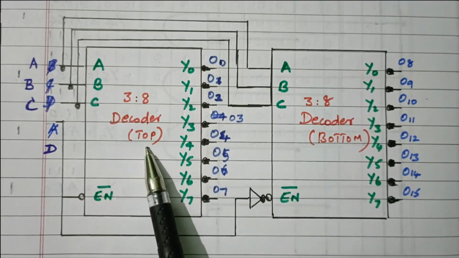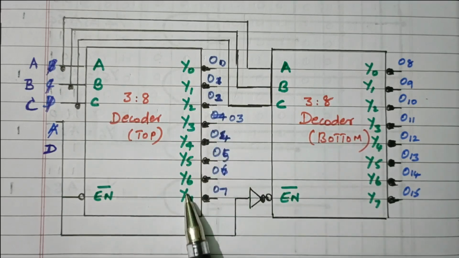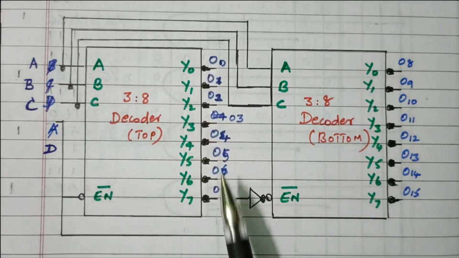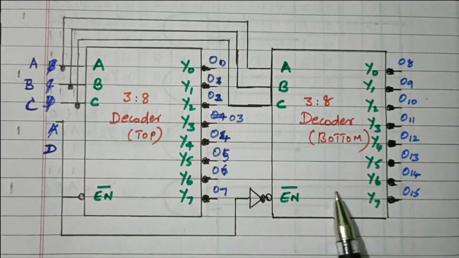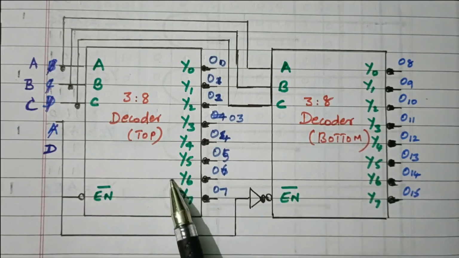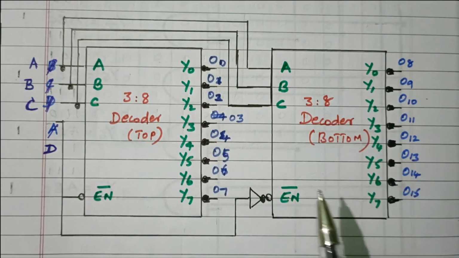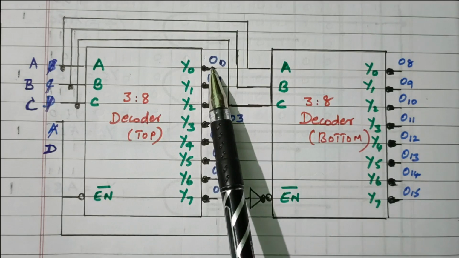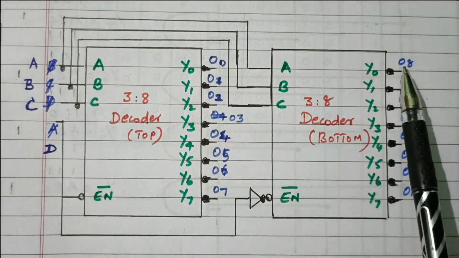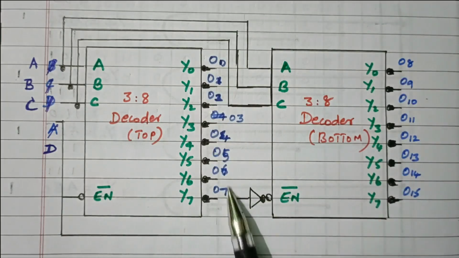While the top decoder is enabled, we get 8 different outputs, Y0 to Y7, that is D0 to D7. At that time the bottom decoder is disabled, so its outputs are 0. Similarly, when the bottom decoder is enabled, we get outputs D8 to D15 and the top outputs are 0. So totally we get D0 to D7 and D8 to D15, 16 different outputs.